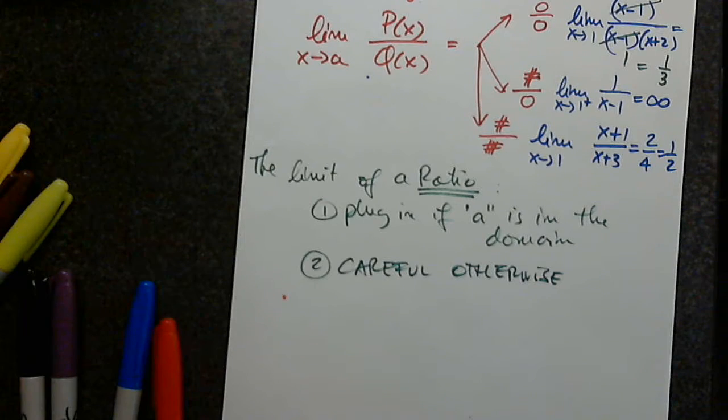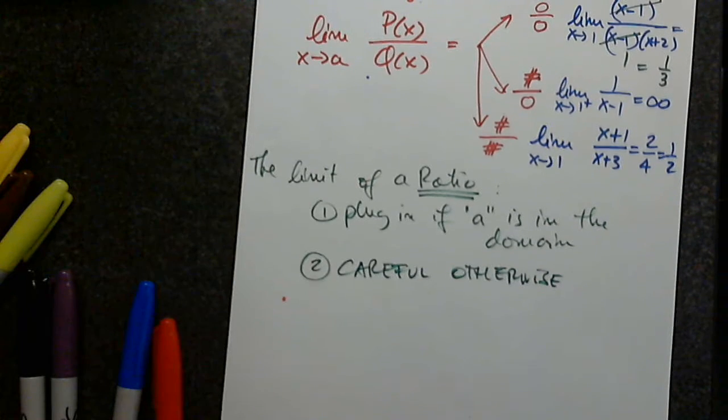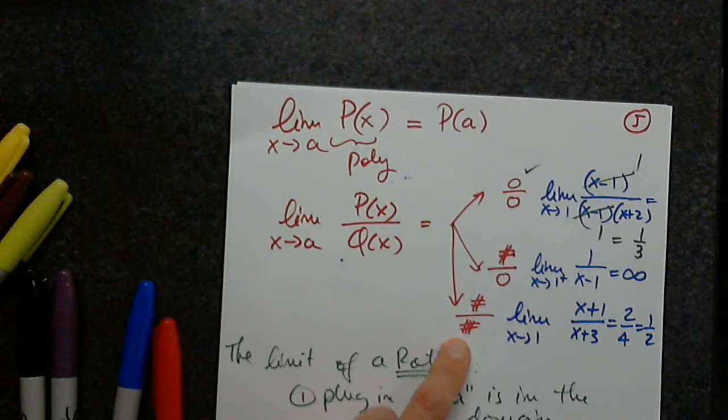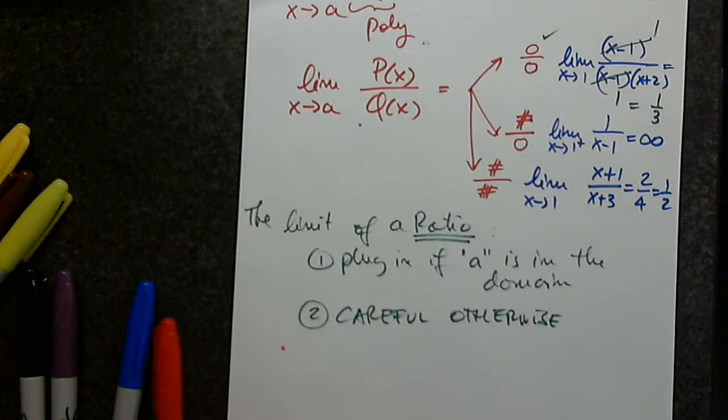Very careful otherwise. Why? Because you may encounter one of these two. If the number a is in the domain, no problem. Just plug it in and you're done. No other action is required. But if it's not in the domain, then you have to be careful.